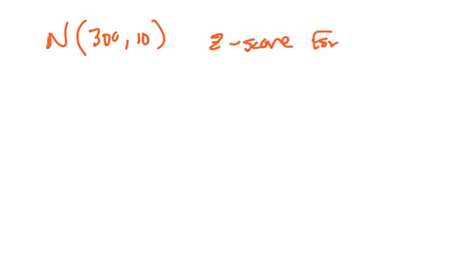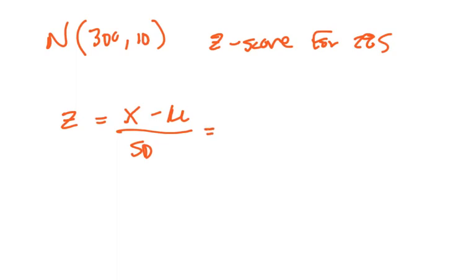When they give us the standard deviation, so if we do the same idea and they want the z-score for, I don't know, let's say somebody got a 285. So we would do z equals x minus the mean divided by the standard deviation.